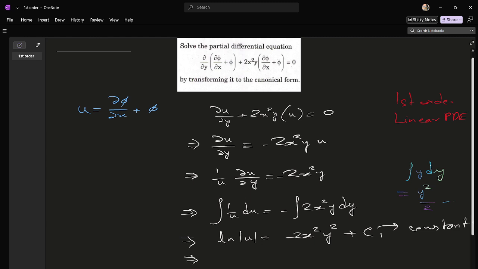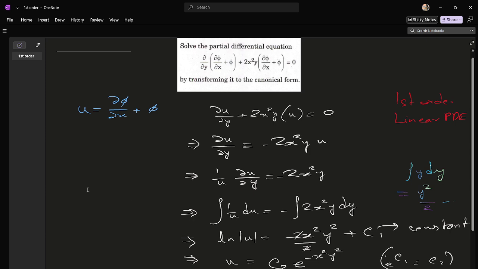So now |u|, or u, is c2 e to the power −x²y², where e to the power c1 is c2, which is also a constant now.